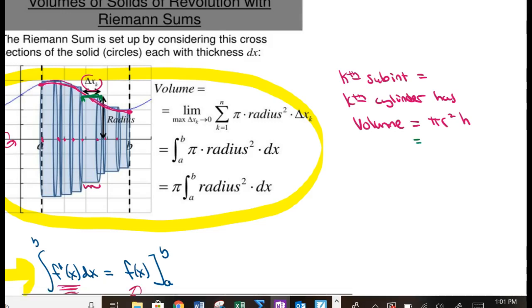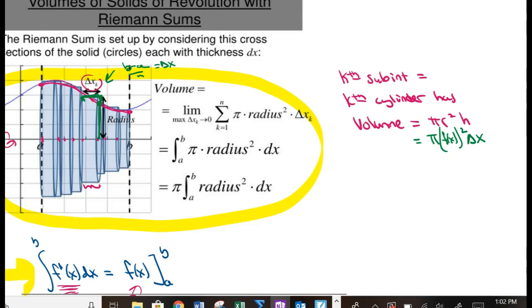Remember delta x, we called this b minus a over n, but it's just delta x in the kth subinterval. So delta x is h, and pi is pi. But the radius goes up to the curve, so the radius is f of x in blue up here. So this is f of x squared.